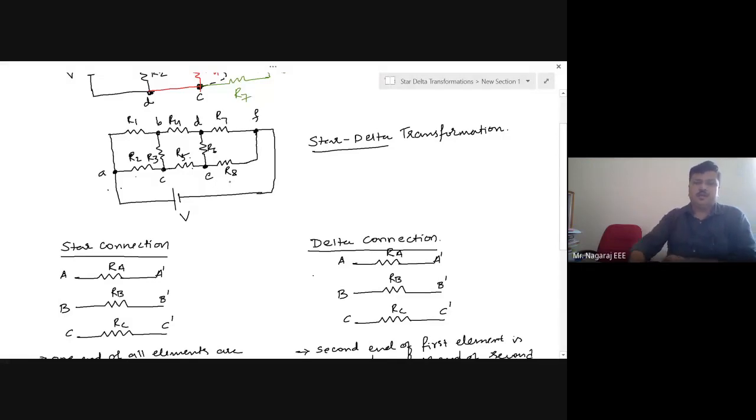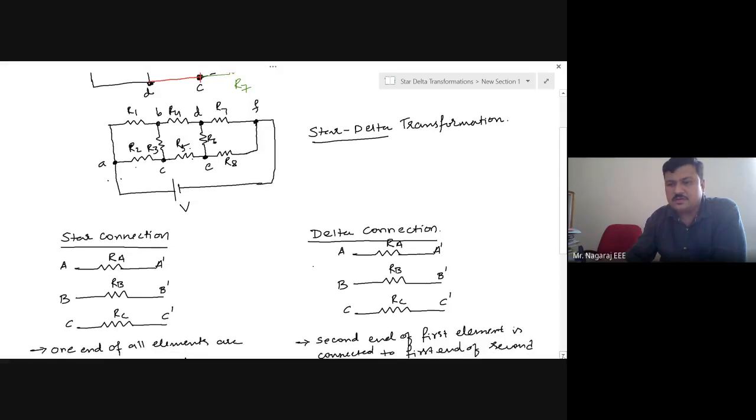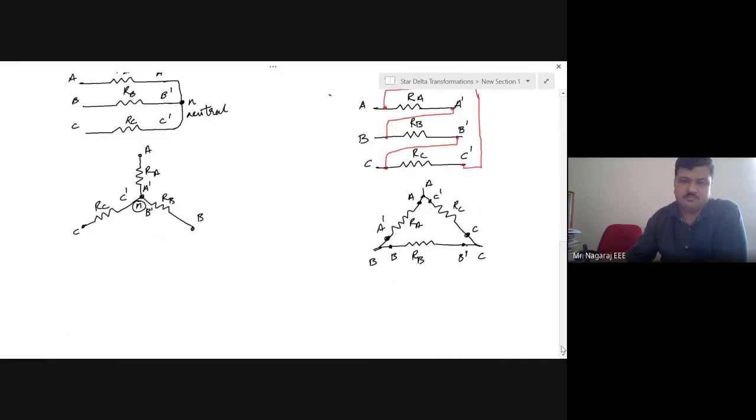So if I have a technique to resolve this delta star connection and simplify things, then that technique is also one of the circuit reduction techniques, but it has to be done equivalently. The star and the delta should always be equivalent. It is not random. Whatever delta I get from the star, this delta should be equivalent of the star. Whatever star I get from the delta, the star should be equivalent of this delta.